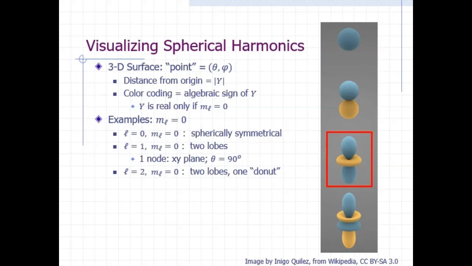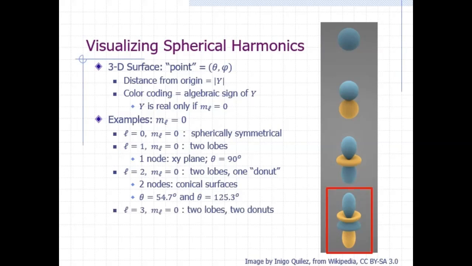In fact, those nodes are conical surfaces. The node between the top lobe and the donut is a conical surface for which theta is 54.7 degrees. And the node between the donut and the bottom lobe is a conical surface for which theta is 54.7 degrees from the negative z-axis, or 125.3 degrees from the positive z-axis.